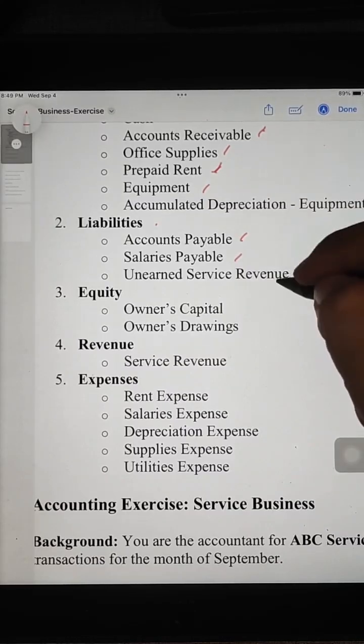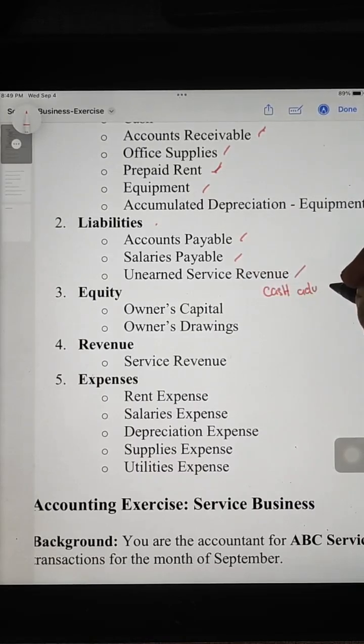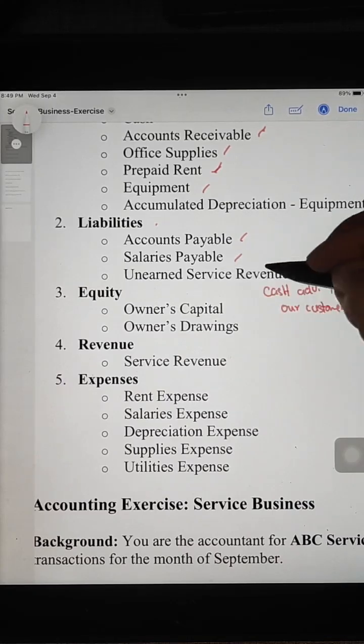When we talk of unearned, this is a cash advance from our customers. Okay? So the customer gave money in advance for a service that will be rendered in the future. This is service, so we will not be talking about goods.